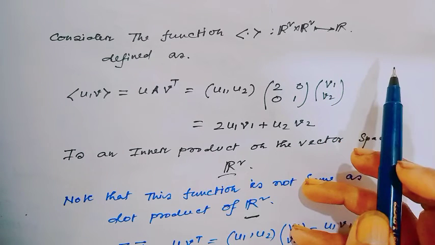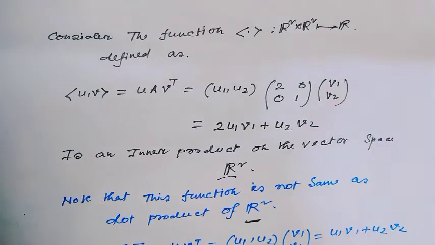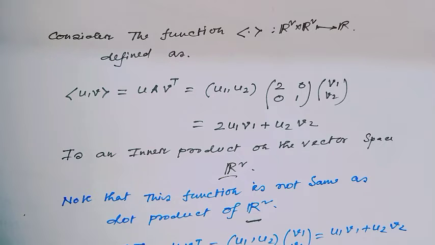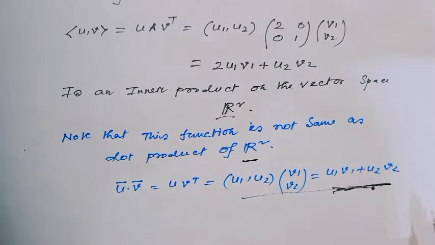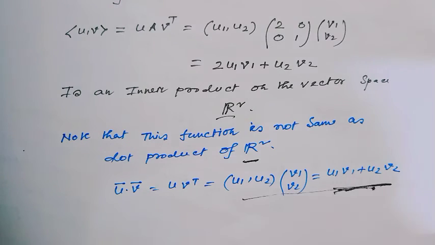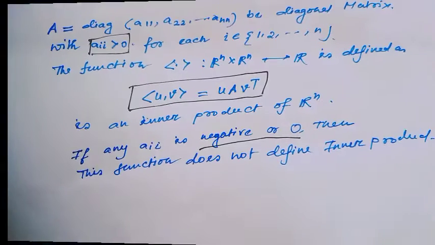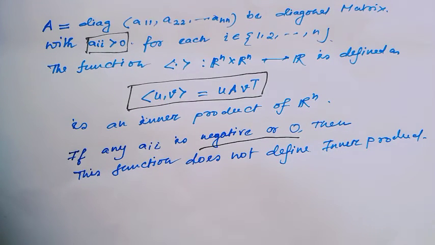Actually, in Rn or R2, there exist many inner products. This type of inner product is actually the standard inner product of R2 or Rn. I will leave one exercise for all my viewers.